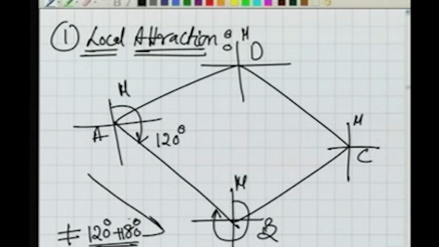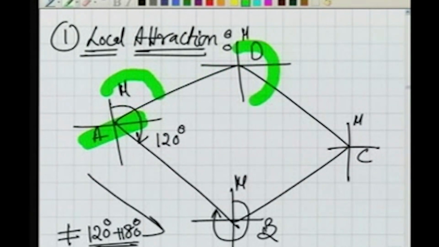Then whatever is the discrepancy, that is the amount of the local attraction. And we know our A is free of the local attraction because we found the difference of the bearing to line AD, which is the back bearing of line DA, and fore bearing of DA. The difference of these two was 180.